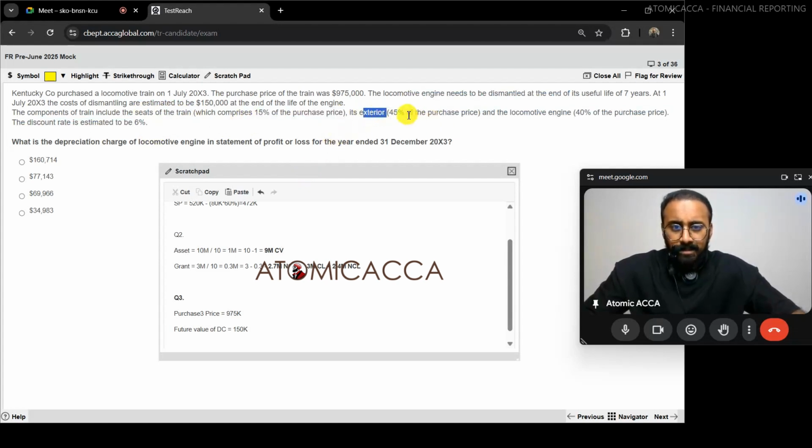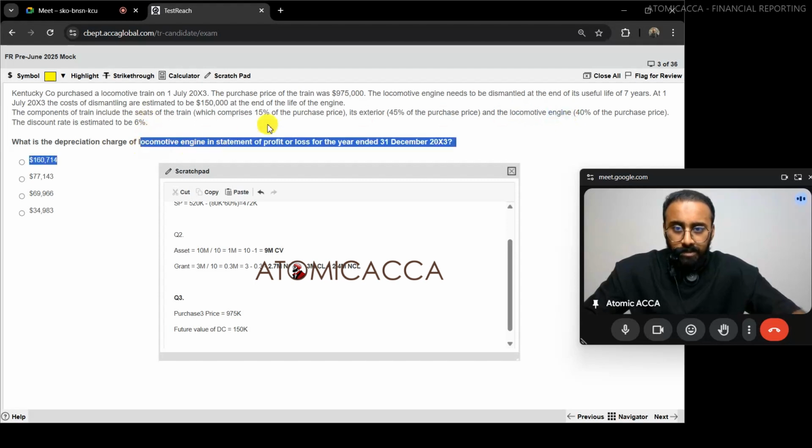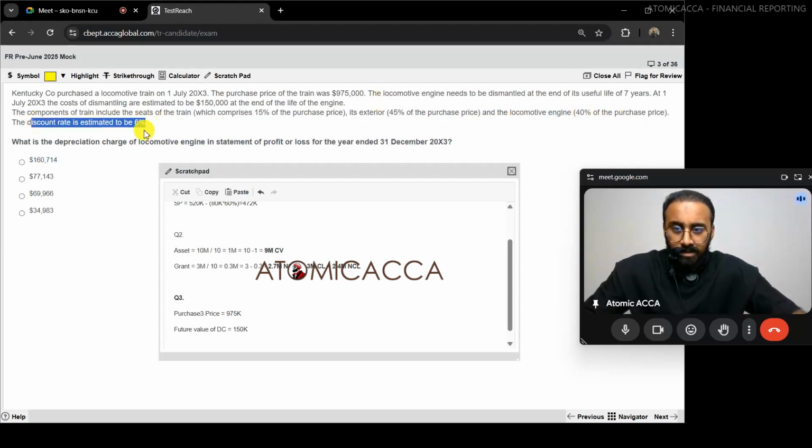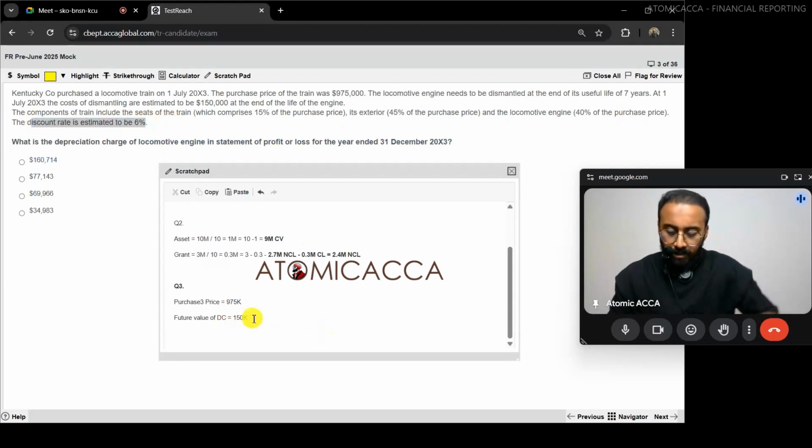Its exterior, that is 45% of the purchase price, and then locomotive engine. So we have to focus only on this locomotive engine over here because that was the question. And 40% of the purchase price, discount rate is 6%. So our focus is only on the locomotive engine. So let's extract information about this alone.